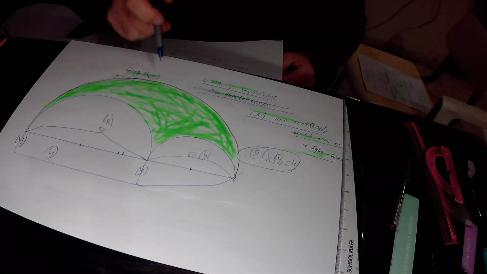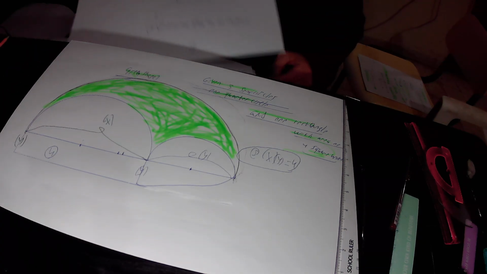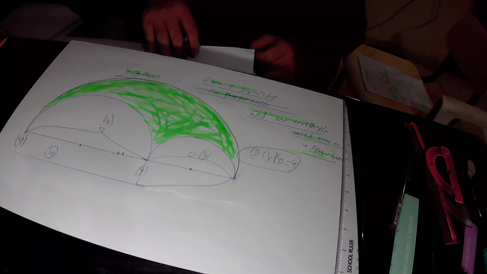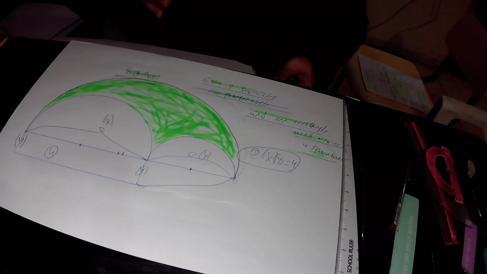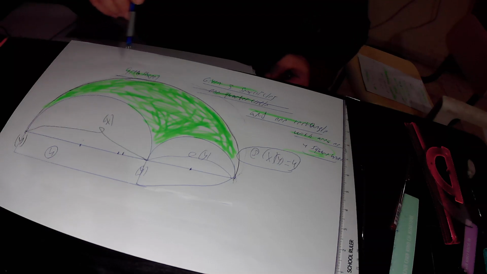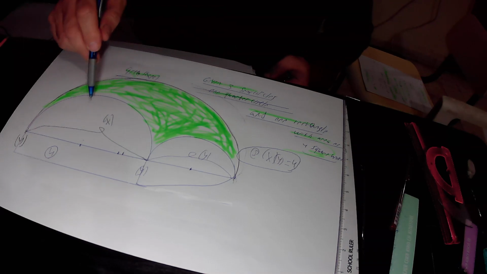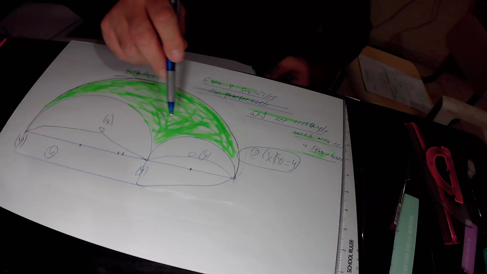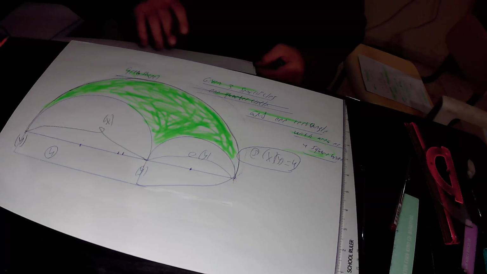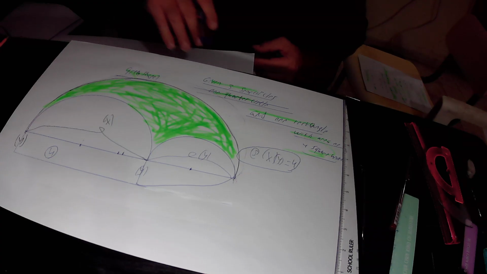Our task is to find out the area of this green shape. So what is the area of the green shape? From the drawing, it is very easy to see that the area of this green shape equals the area of the biggest semicircle minus the area of the medium semicircle minus the area of the smallest semicircle. Repeat again, the area of this green shape must be equal to the area of the biggest semicircle minus the area of this medium semicircle minus the area of this smallest semicircle.